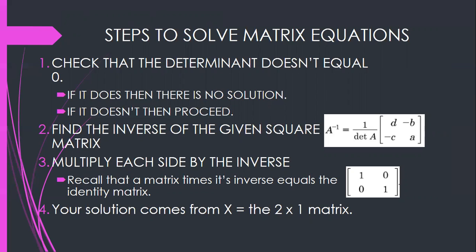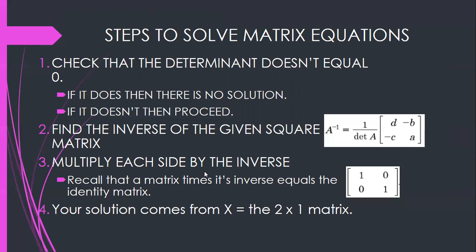Step 3 was to multiply each side by the inverse. And what happens when you multiply the left side by the inverse is that it creates the identity and therefore it ends up canceling out. Step 4, the solution is the 2 by 1 that's created after you multiply both sides by the inverse, okay?